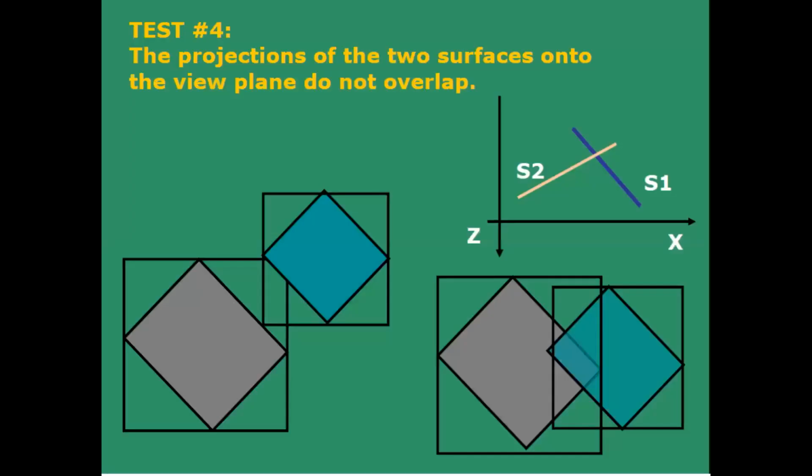So what does test 4 say? It states that the projection of the two surfaces onto the view plane does not overlap. Here we have three figures. In the first figure we can check the projection in XY, and we don't have any overlapping in the XY plane. Here two surfaces are not overlapping with each other.